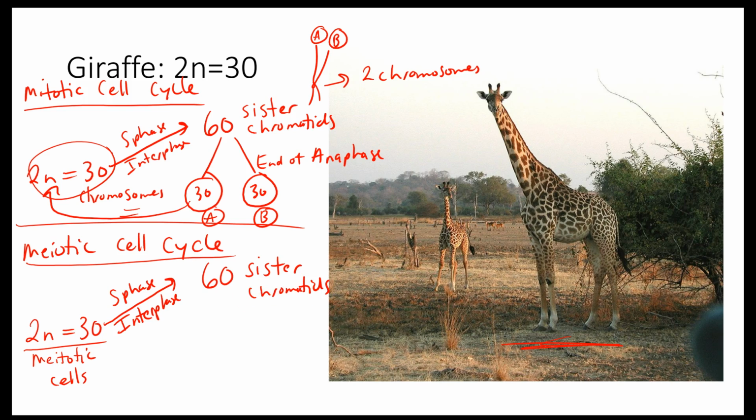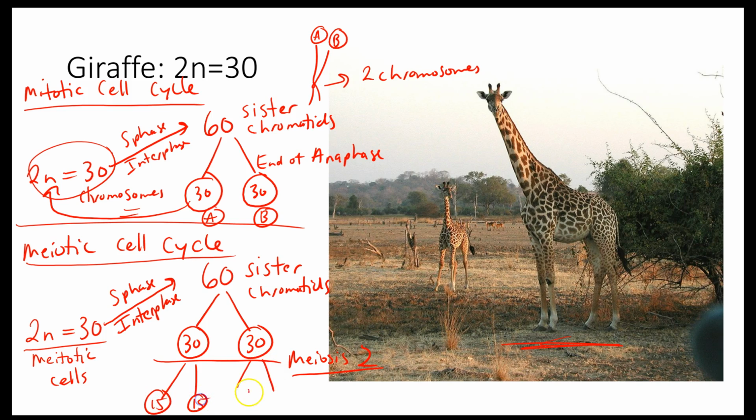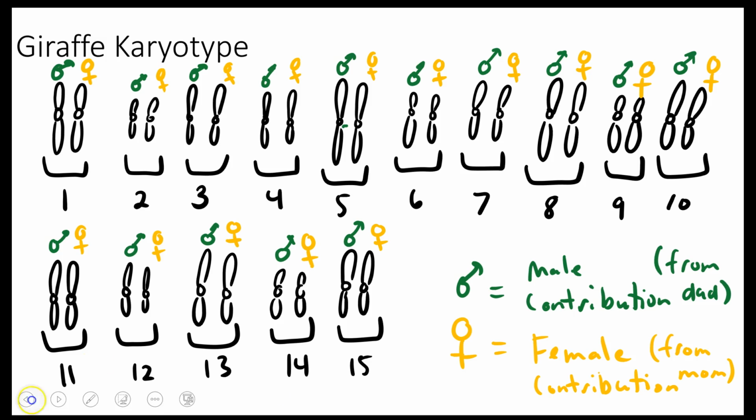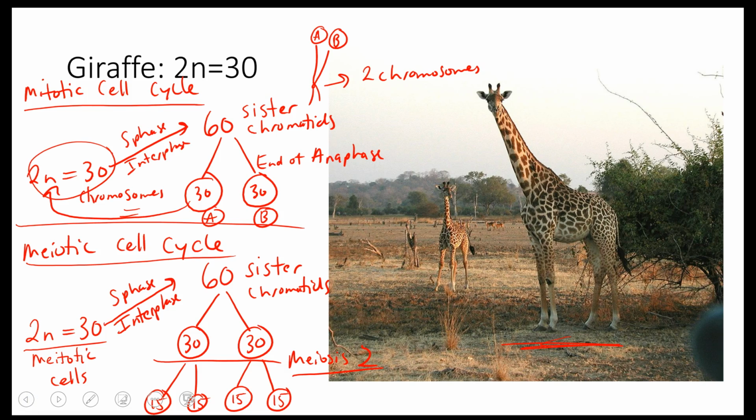And now we're going to do 2 rounds of division. We're going to divide that into these cells, which will have 30 and 30, and then we're going to do another round of division here in meiosis 2, and we're going to divide those two 30s into 15, 15, 15, and 15 chromosomes. So now we have 4 cells with half the amount of chromosomes as your original diploid cell.